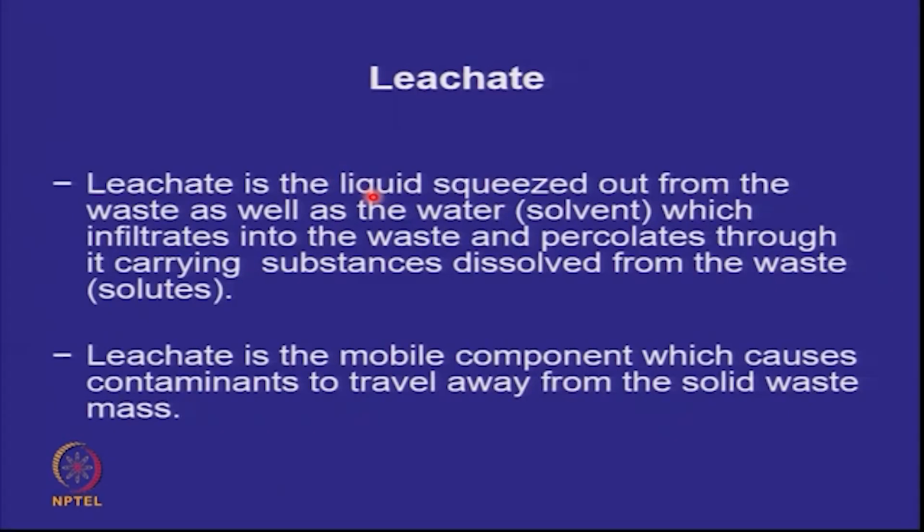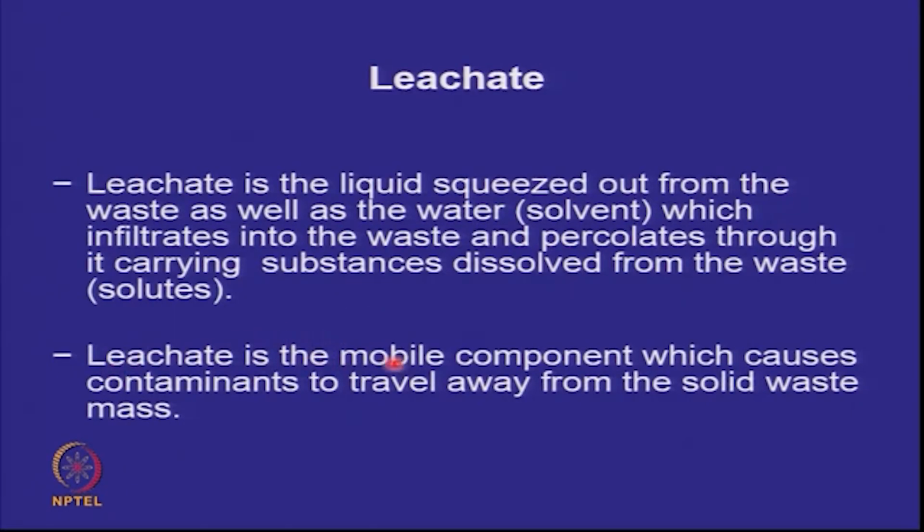Leachate is the liquid which is squeezed out from the waste. That's one part, as well as the water which infiltrates into the waste and percolates through it, carrying substances dissolved from the waste. So water becomes a solvent. Whatever is soluble will get into the water and will come down with the water.